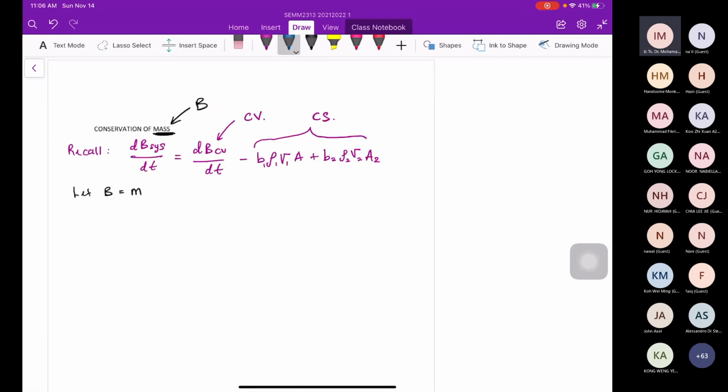Now let B equal to M because we are dealing with the conservation of mass. So I want to replace anything pertaining to the B in terms of mass.